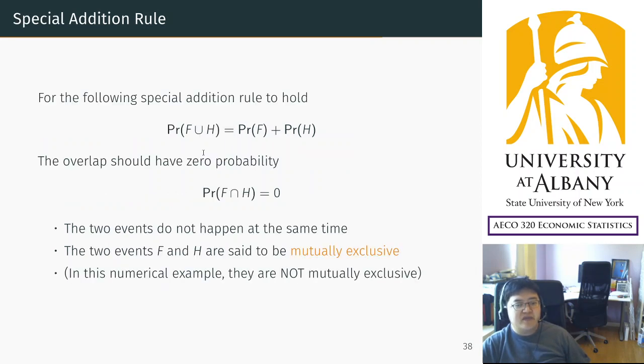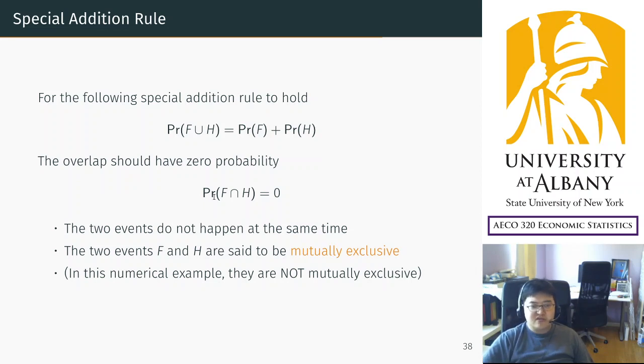And I am going to restrict the rule to a special case, and I'll call this the special addition rule. What we actually wanted was something like this: the probability of the union equals the sum of the two probabilities. If you want to have this, you need another assumption.